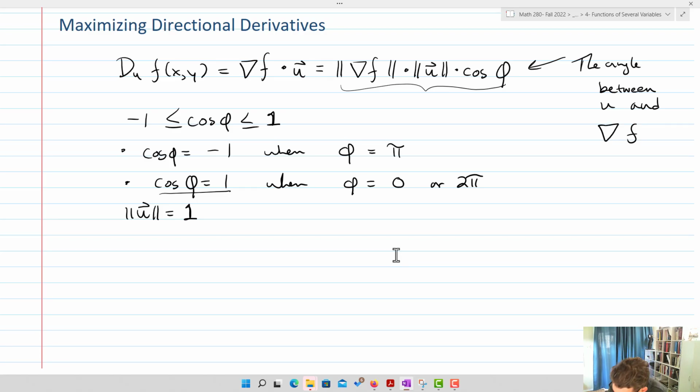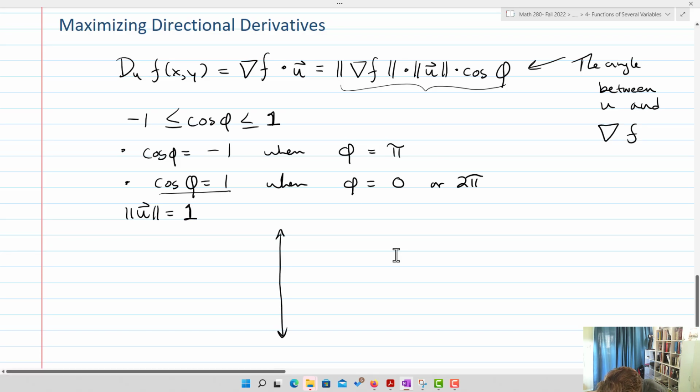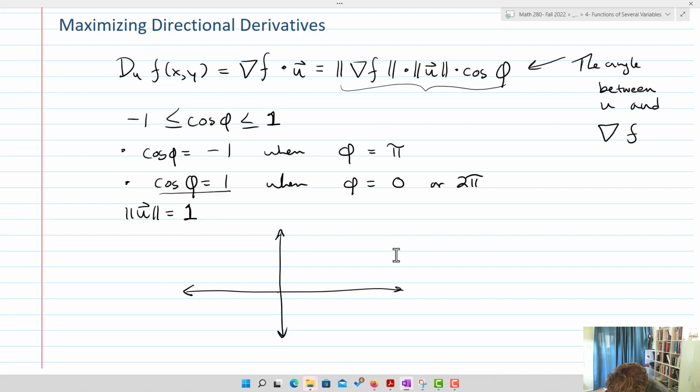Well, let's think about what that means. Here's my xy plane. There's that direction, that's when phi equals 0. And so what that means is that the direction of u and the direction of grad f are going to be in the same direction. 0 is the angle between them.